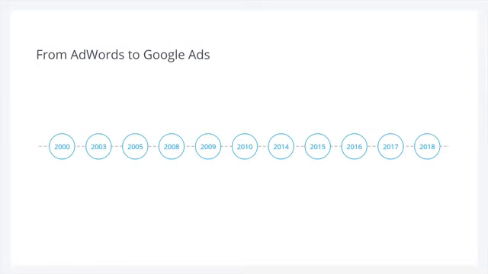New features have been added to enrich the advertising formats. AdWords is Google's search marketing platform. It was launched in October 2000. Over the years, new features and more advanced targeting options have been added to develop the AdWords suite beyond paid search ads.